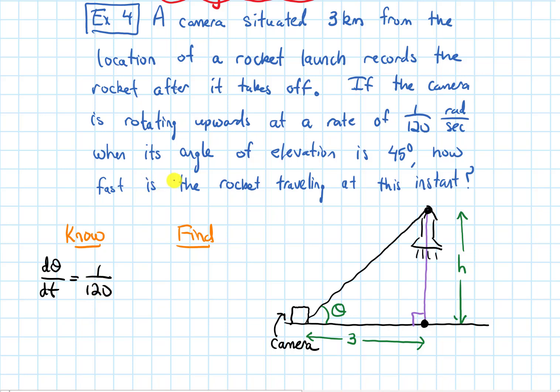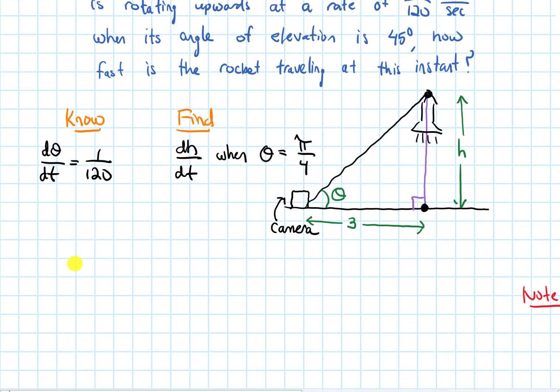And it asked me to find how fast the rocket is traveling, so that's going to be dh dt at this specific instant when this angle is 45 degrees. I'm going to write that in radians: pi/4.